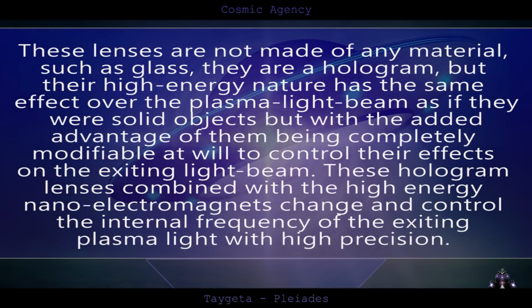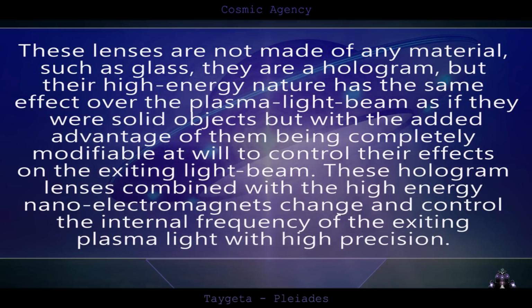These lenses are not made of any material such as glass. They are a hologram, but their high-energy nature has the same effect over the plasma light beam as if they were a solid object, but with the added advantage of them being completely modifiable at will to control their effects on the exiting light beam.